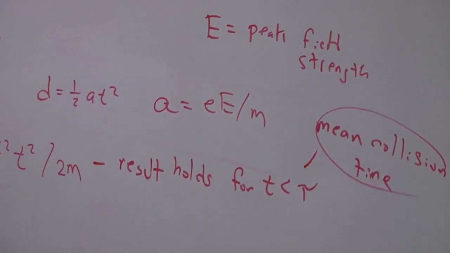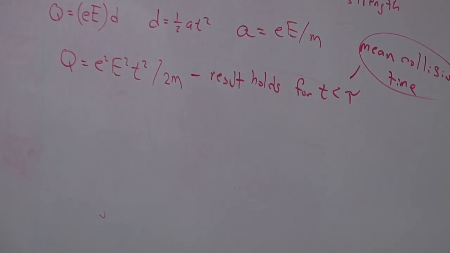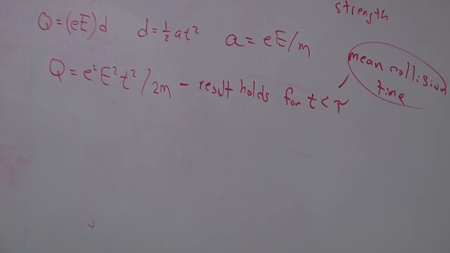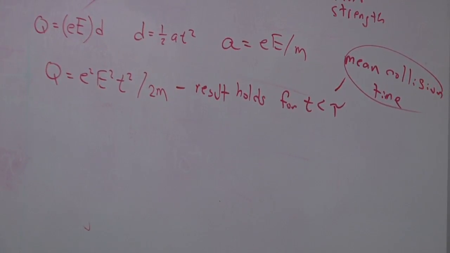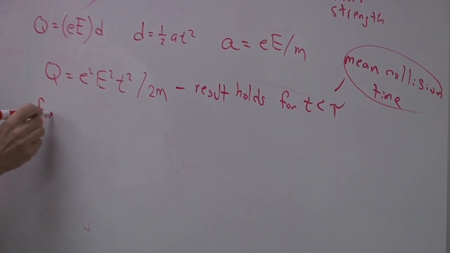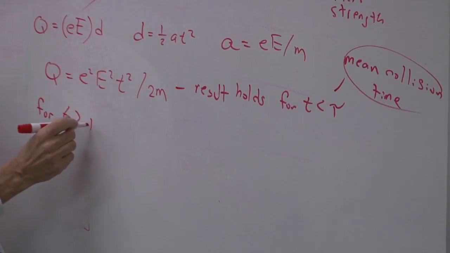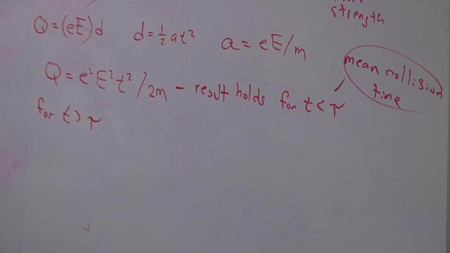We'll assume now these are hard collisions, so that when the electron collides with something else, it will lose a lot of its energy and impart the energy to that material. And this collision time could be picoseconds or even much shorter than picoseconds.